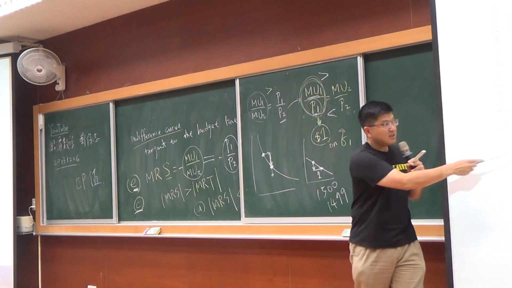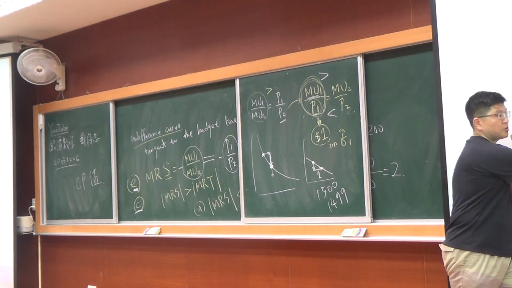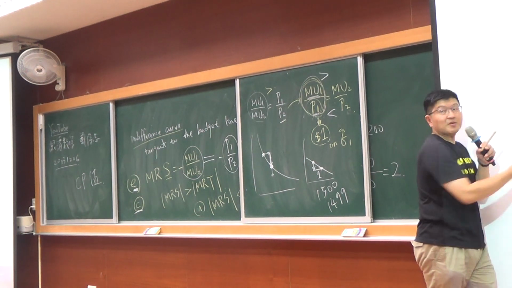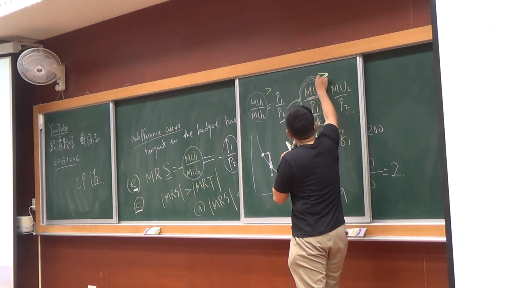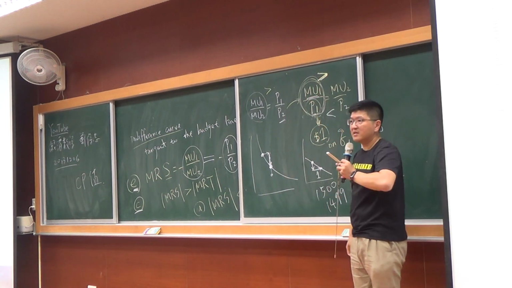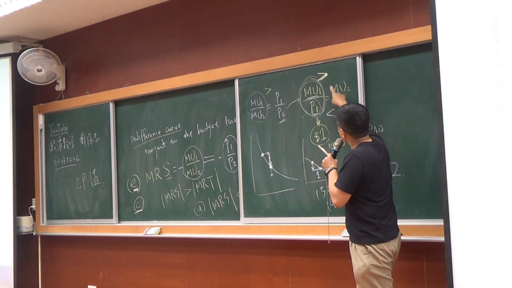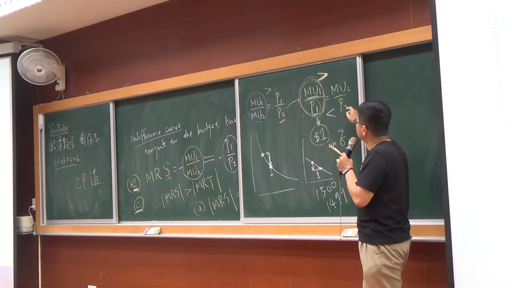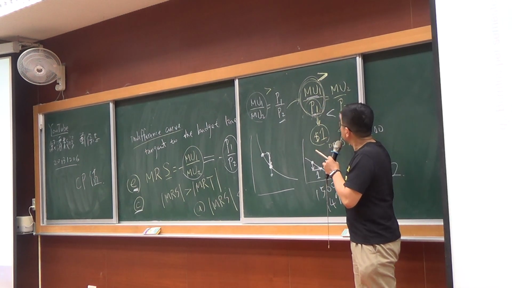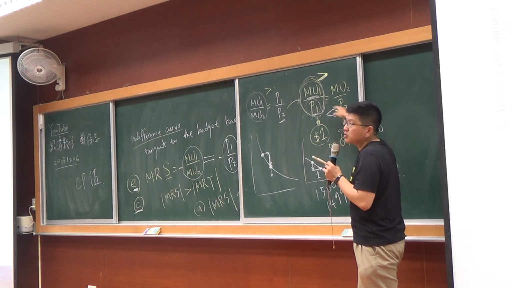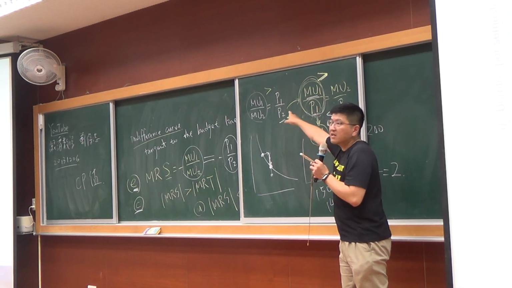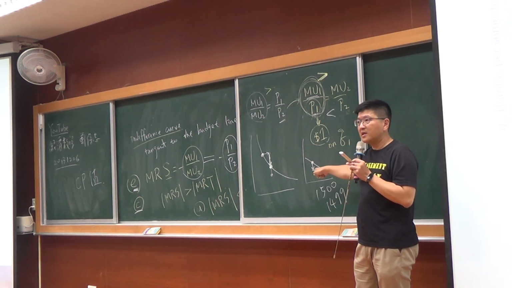For point C, MU1 over MU2 is greater than P1 over P2, right? So in this case, point C looks like this. So we need to cut the consumption of good 2 to take back 1 more dollar or some more dollars from good 2 and move it on the consumption of good 1, right?